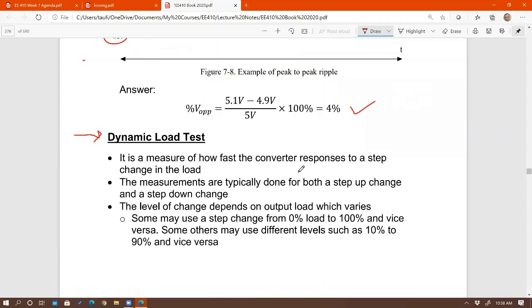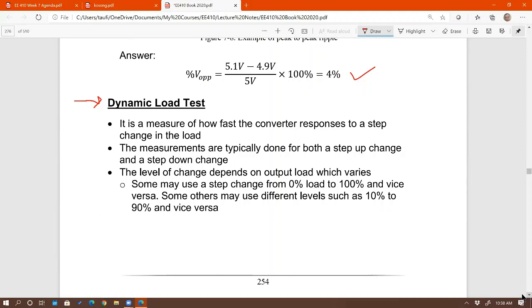It is a measure of how fast the converter responds to a step change in the load. The measurements are typically done for both step up as well as step down changes. You learn this from EE410. Remember step response? A step response could be a response to a step up change or a step down change.